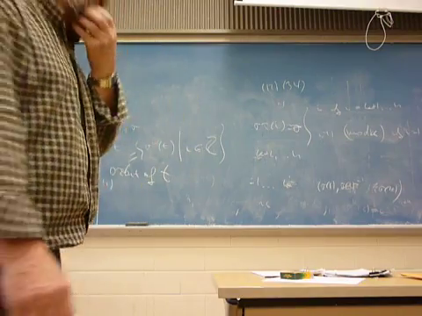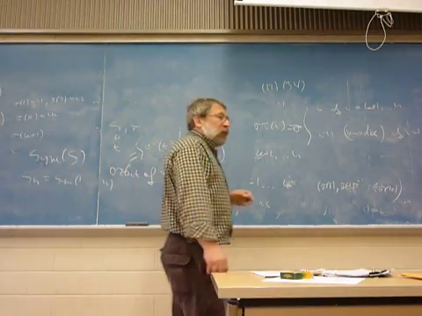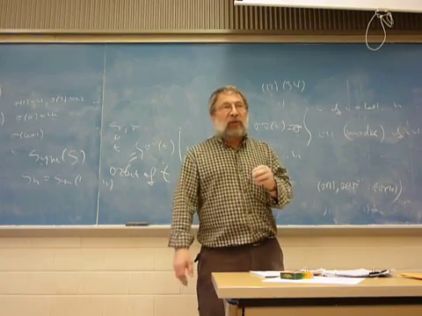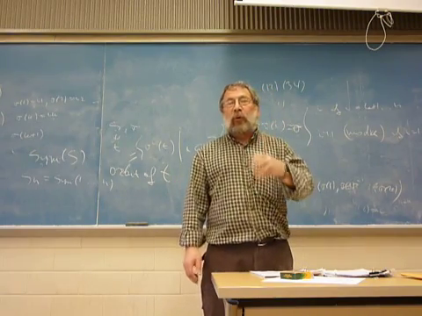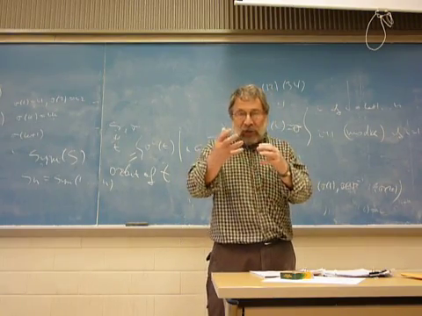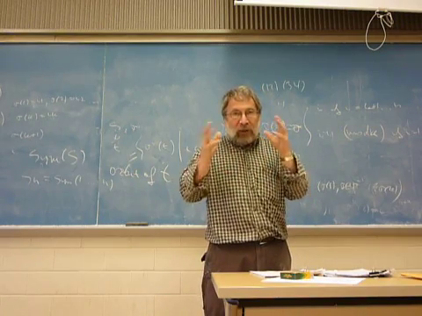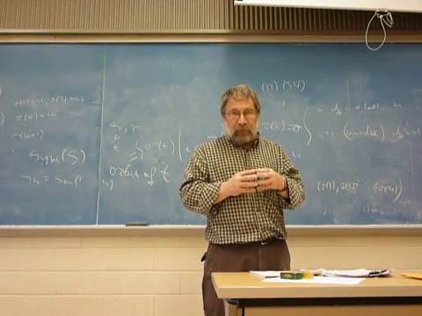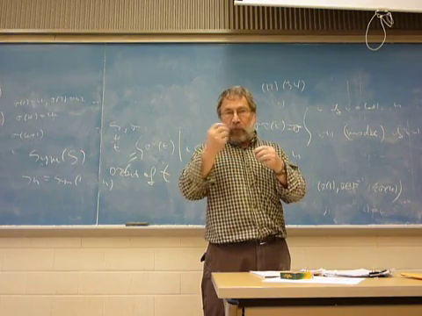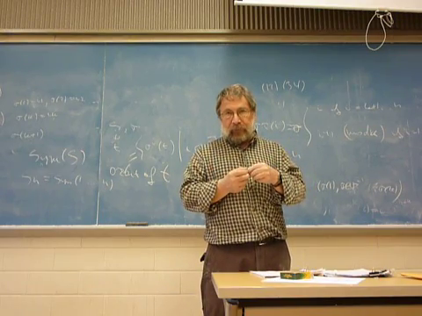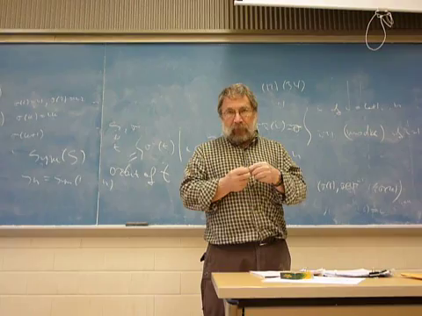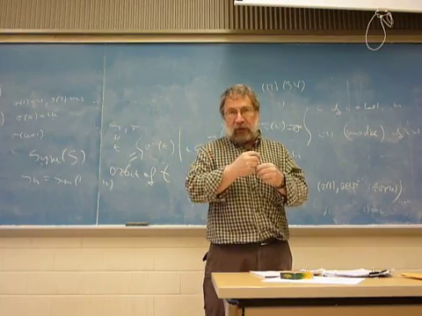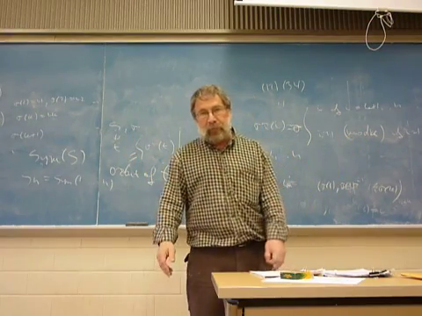So functions from set to set, but not any functions, only very special functions: one to one and onto. We are looking only at bijections. Composition of two bijections is a bijection. The inverse of a bijection is a bijection. That's why they constitute a group.